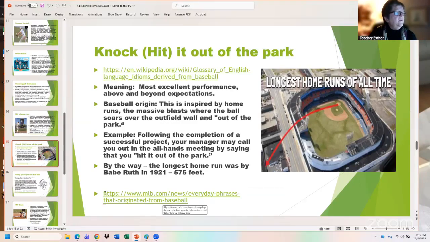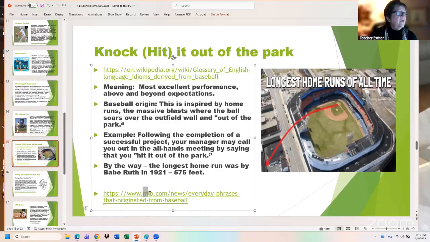And again, this is another link where you can read. Now, this actual site is the Major League Baseball website with phrases from baseball.